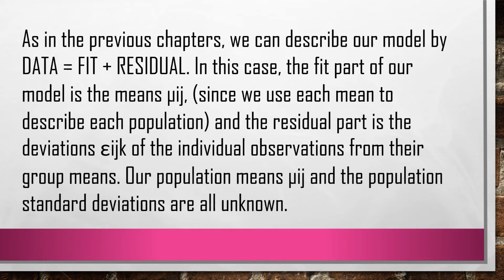Our population means mu_ij and the population standard deviations are all unknown. Therefore, we pick simple random samples (SRS) to learn about the relationship between our factors and the response in our samples, and then use that to estimate the relationships in our population.